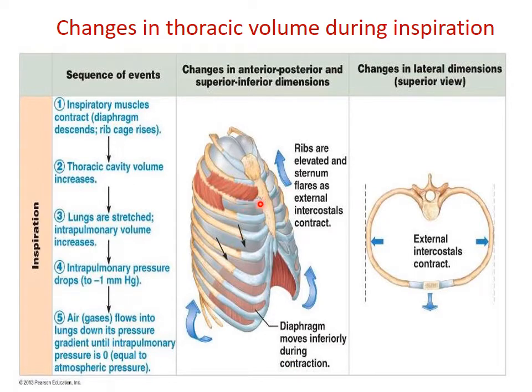The ribs will be elevated, and the sternum flares as the external intercostals contract. When these events happen, the thoracic volume will increase. As a result, the pressure inside the thoracic cavity decreases and the air enters inside and the lungs are stretched.